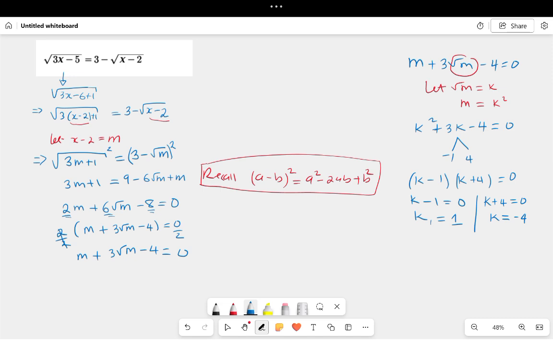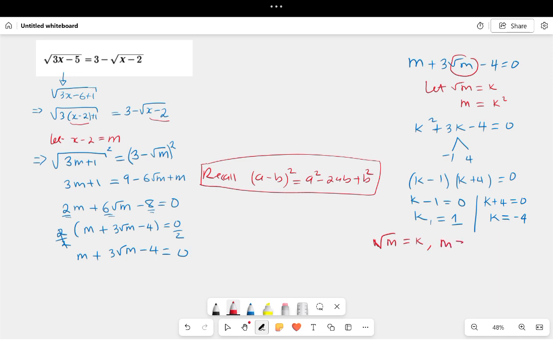Now let us interrogate these answers that we have. Remember, the square root of m is equal to k. So what it means here is this: it's not possible for m to be negative.